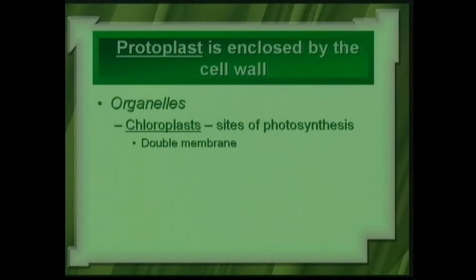The chloroplasts are green because they have the pigment in them. Recall too, the chloroplasts are surrounded by a double membrane, two membranes that surround the insides of the chloroplast. And chlorophyll is a pigment within the leaf.